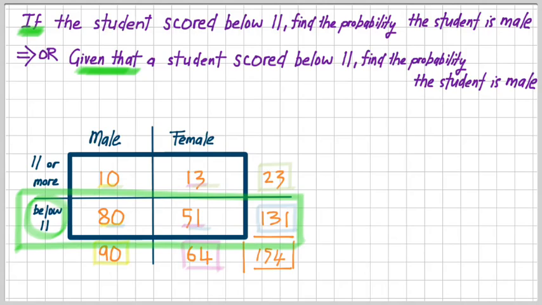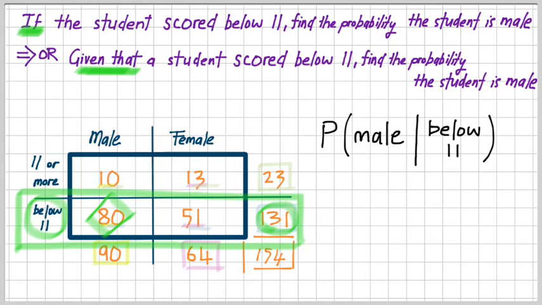Okay, so the total number of students who scored below 11 is 131, and the total number of males who scored below 11 is 80. So in terms of the calculation, here we go. The probability of the student being male, given that the student scored below 11 in the beep test.